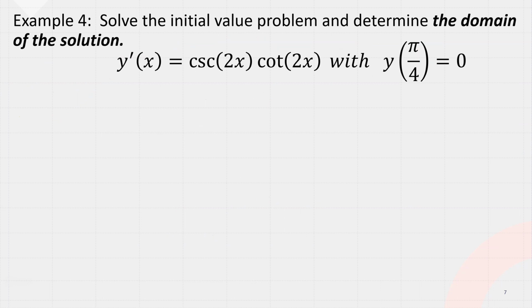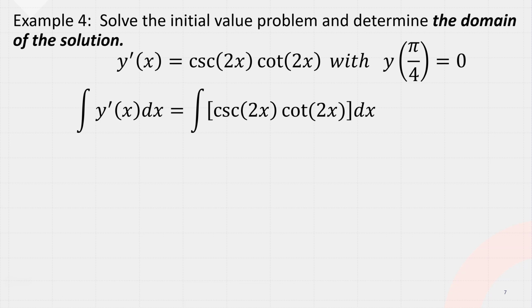Okay, integrate both the left and the right. And if you recognize that, you would say, oh, hey, that's the derivative of cosecant with the inside derivative of 2. And there's no negative. So then we would have y is equal to negative 1/2 of cosecant of 2x plus c.